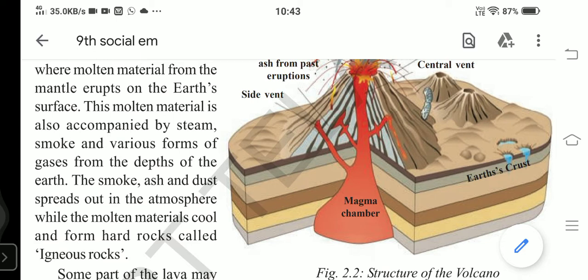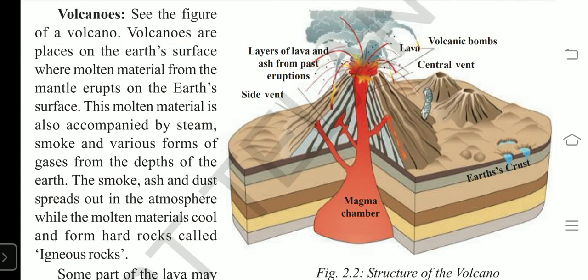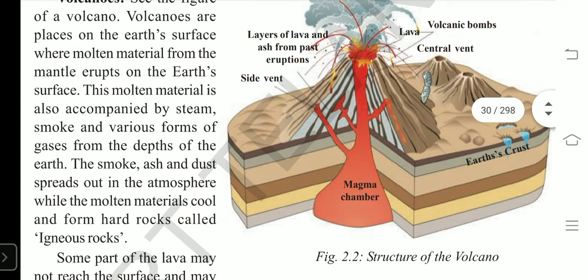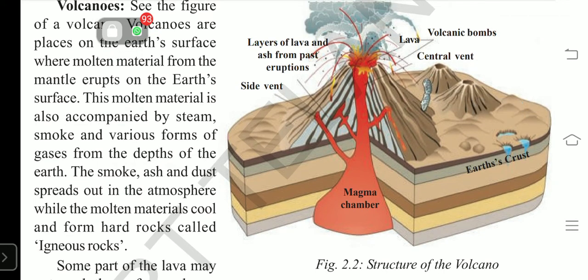Different gases will be present in the magma chamber, and other materials also. We have studied silicates, nickel, iron, these components are present there, right? All these components, due to the pressure, erupt out suddenly, leading to the formation of volcanoes.